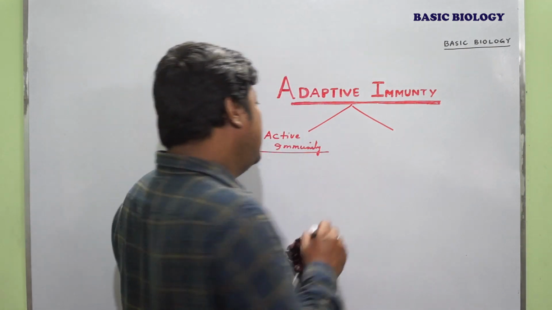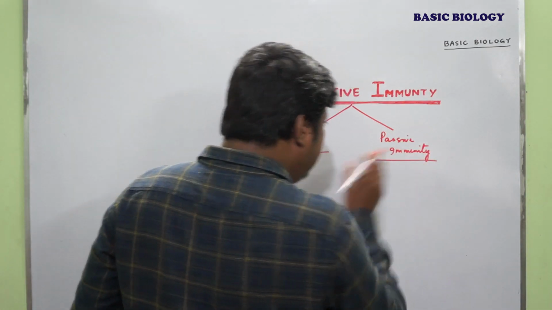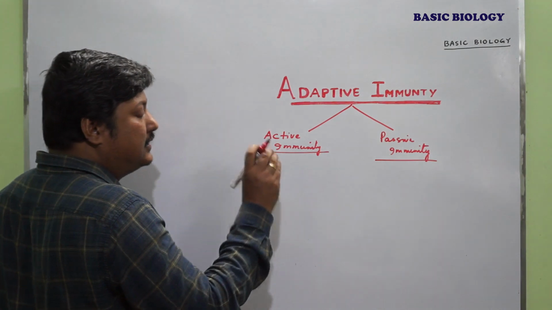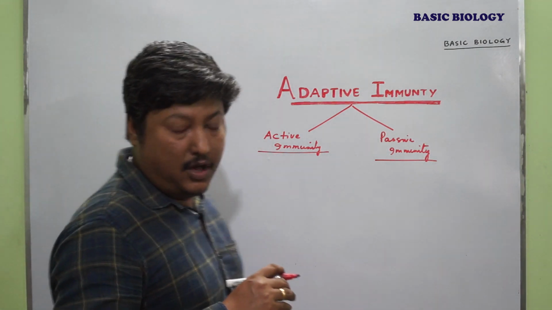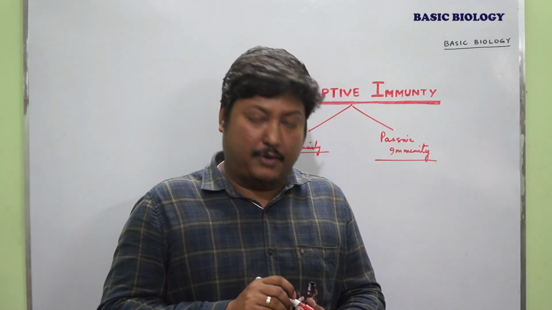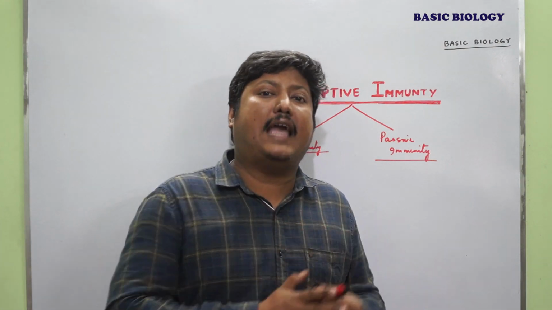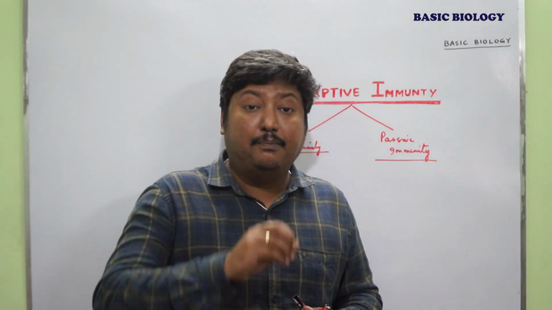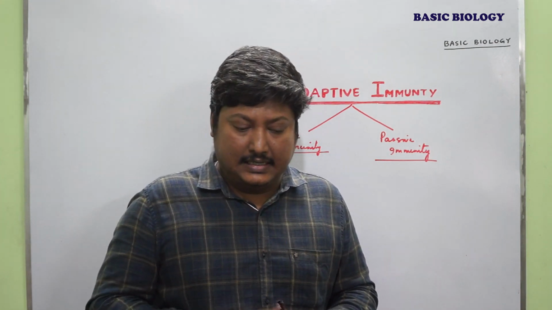Whereas another one is passive immunity. In this immunity, some immunologic products, for example monoclonal antibodies or some immunocompetent cells, are injected into our body. That means our body's immune system is not directly activated, but the products of these immune systems are used to treat the disease.